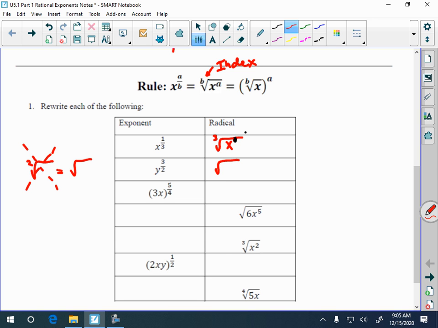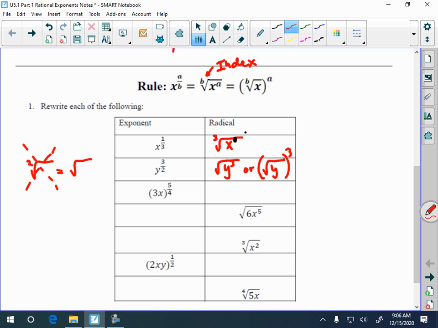It's just assumed if you don't put a number there, it is a 2. So kind of remember that. All right, so our base is a y. So we have square root y. Now our exponent's 3. So we have two ways to write this. You can put the 3 on the inside, or you can use the parentheses like I showed, put the 3 on the outside. Okay, either way is okay.